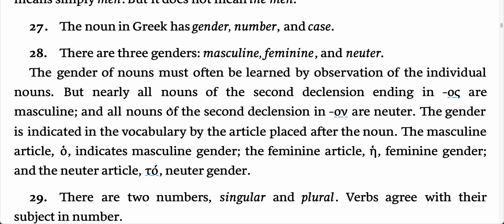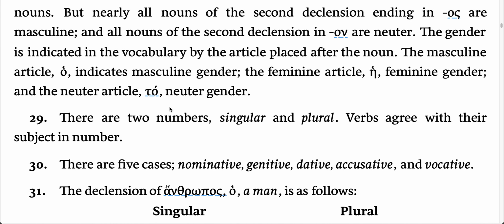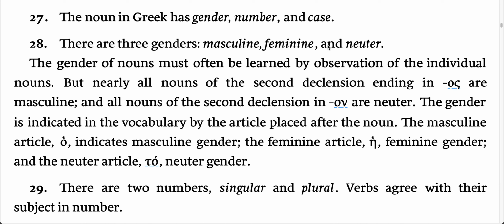Now, why is it important to learn the gender of the word? As you will see, there are things down the road that we will learn in future lessons where nouns need to agree with pronouns in terms of gender. It's the way the language is functioning. So for right now, don't worry about all those things.